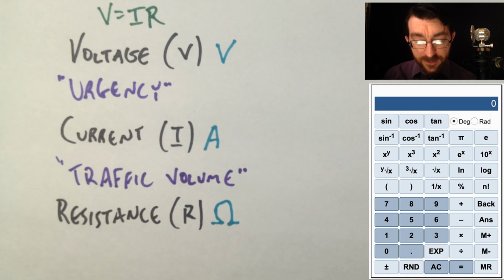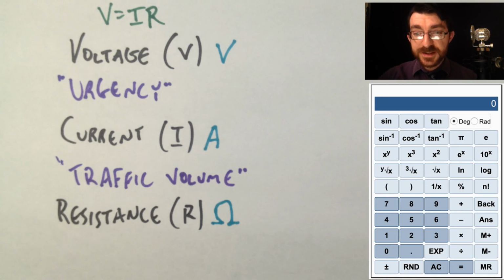That would be a high traffic volume. That might not translate very well to electricity because we're not counting individual electrons. We're counting like a continuous quantity. But as long as you can draw that connection in your head between electricity flowing through a wire and cars driving down a road, then that should work.